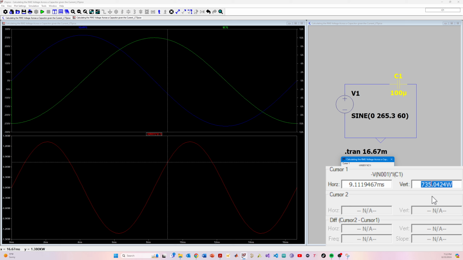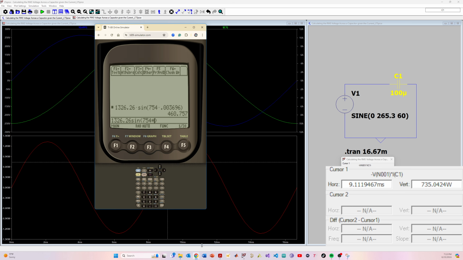And then we get 735 watts. So if we go ahead in our calculator and punch in our expression, I don't know how well you can see that, but I'm just going to use it from here because it's a lot easier. So that would be 0.009111 milliseconds, parentheses, and then we approximate.